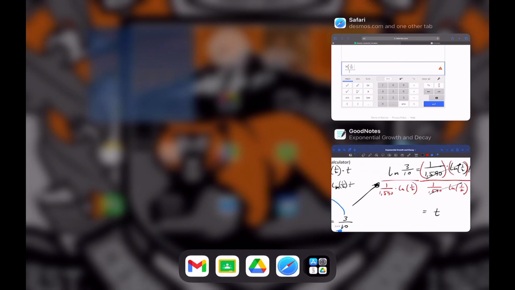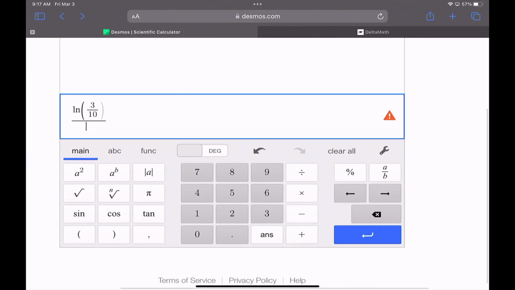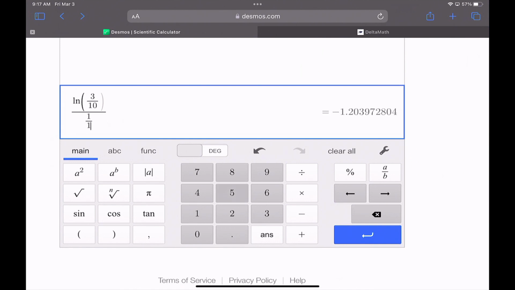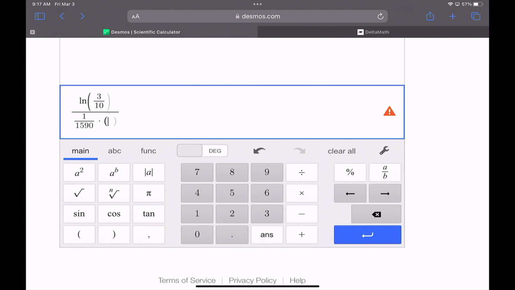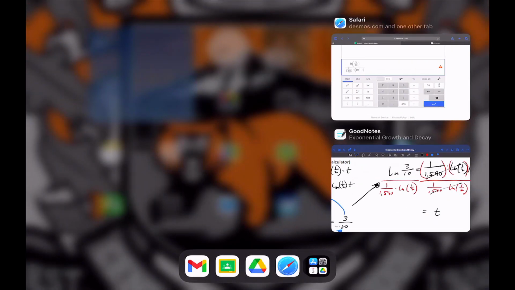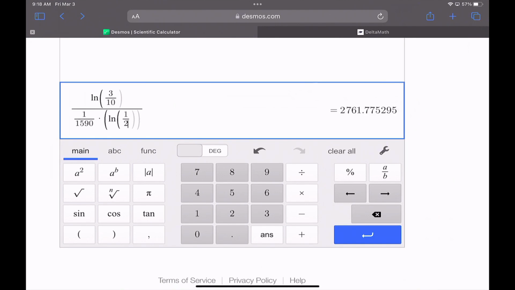And then on bottom, it's 1 over 1,590 times parentheses natural log of 1/2.